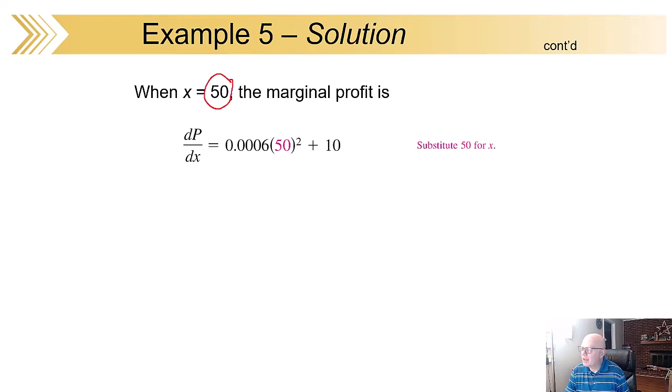In other words, at 50 alarm clocks, what can we expect as extra or less profit going from 50 to 51 alarm clocks? So all you need to do is put the x value in for the x in the marginal profit function and do a bit of calculation.